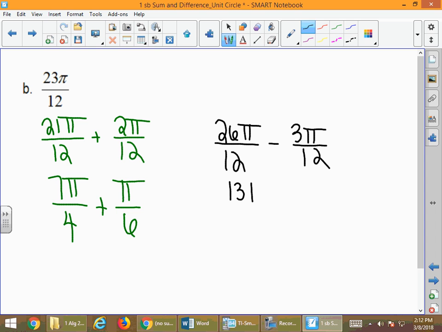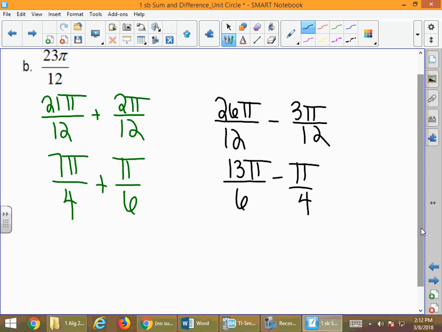Divide by 2, 13 pi over 6. And then 3 pi over 12 is pi over 4. It's a little bit dicey here because 13 pi over 6 is 2 and 1/6. But ultimately we can figure out what 13 pi over 6 is on there. A little bit harder. I like the first value better than the second value, but it'll still work.